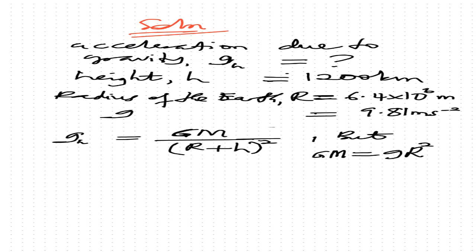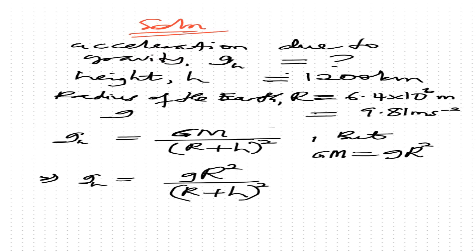I hope you remember this formula. So then we can now see that g_h will be gR squared over R plus H all squared, since the question gave us only the g and the R.